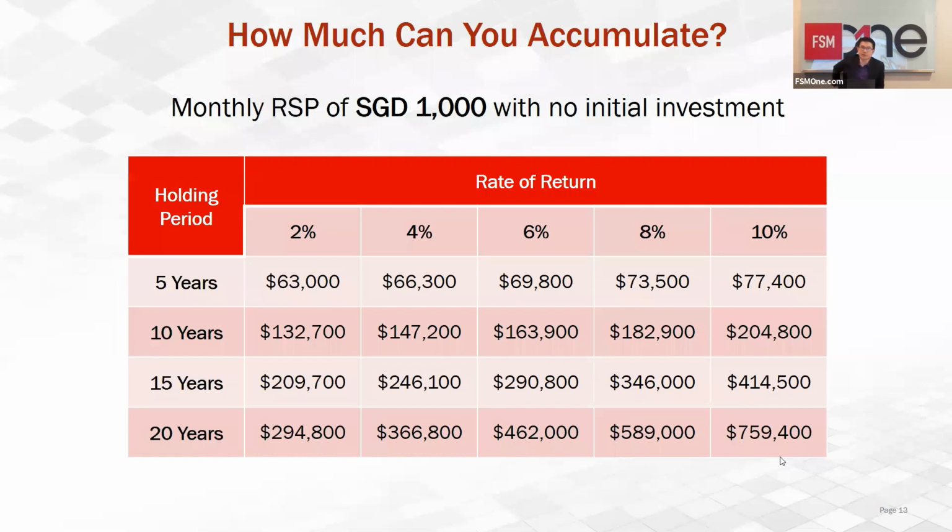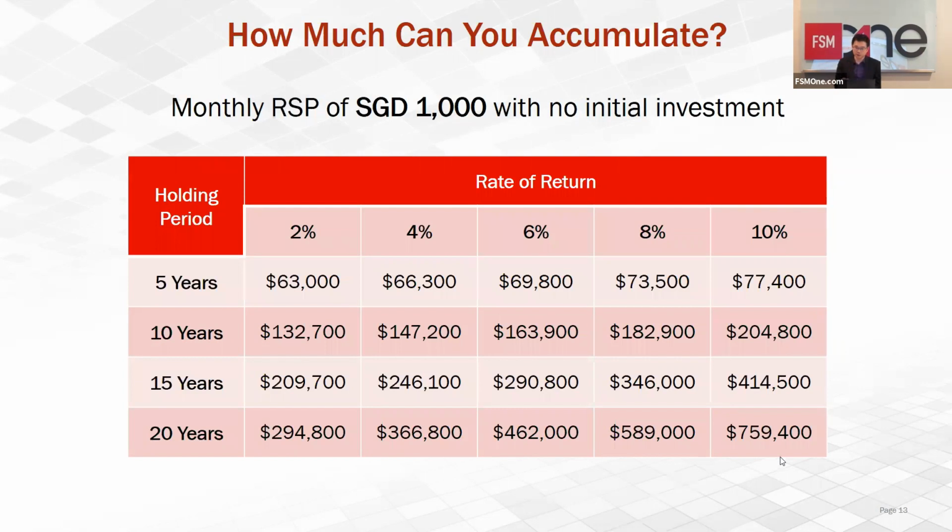The last thing is that your holding period is also very important. Whether you invest for 5 years or 20 years makes a huge difference, because when it comes to investing, if you are young, the advice we usually give to investors is that if you have not started investing, please start as soon as you can, because time in the market is also important.